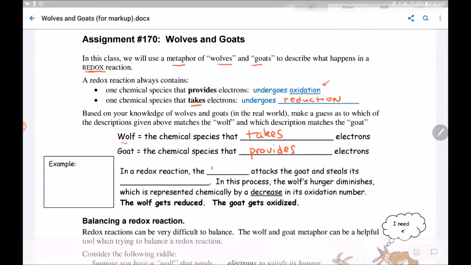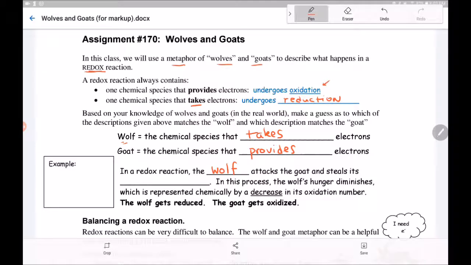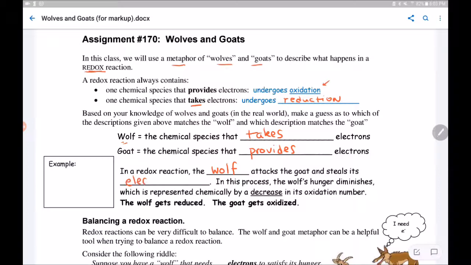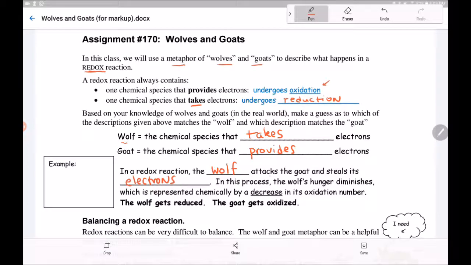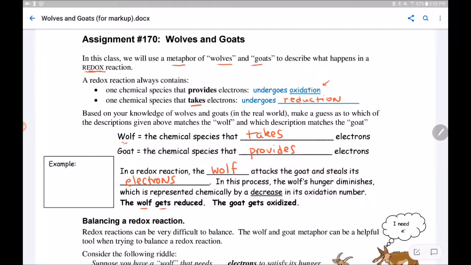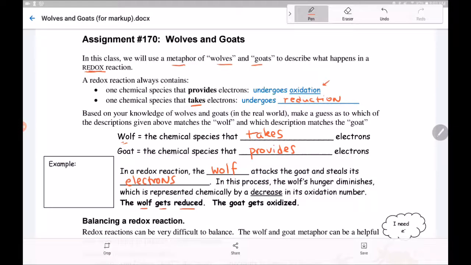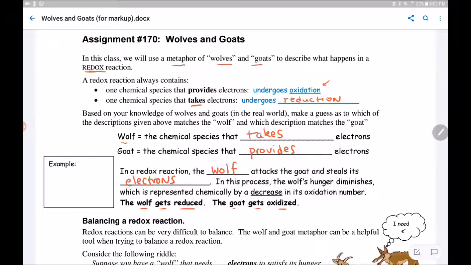In a redox reaction, the wolf attacks the goat and steals its electrons. In this process, the wolf's hunger diminishes, represented chemically by a decrease in its oxidation number. The wolf gets reduced. The goat gets oxidized.